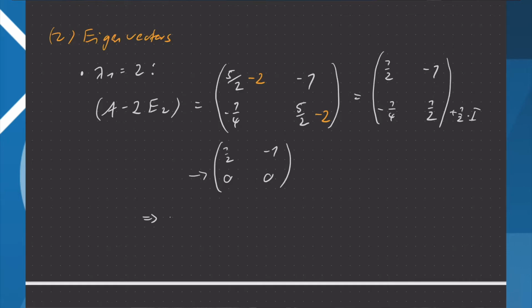So that means the eigenspace of the eigenvalue 2 for the matrix A is the span of 2, 1.